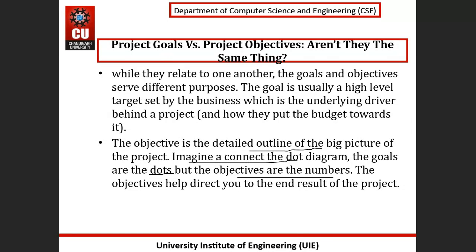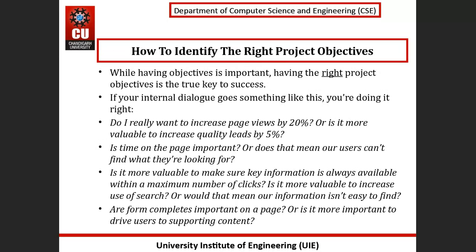Now we know what objectives are, why they are important, and the difference between goals and objectives. Now the question is how to identify the right project objectives. While having objectives is important, having the right project objective is the true key to success. If your internal dialogue goes something like this, you are doing it right.